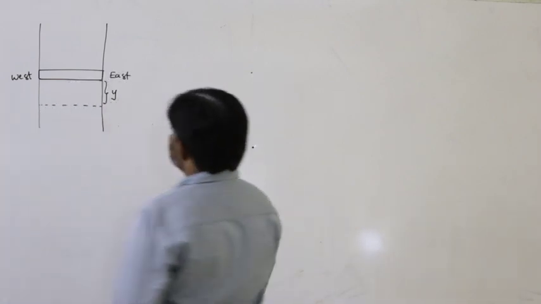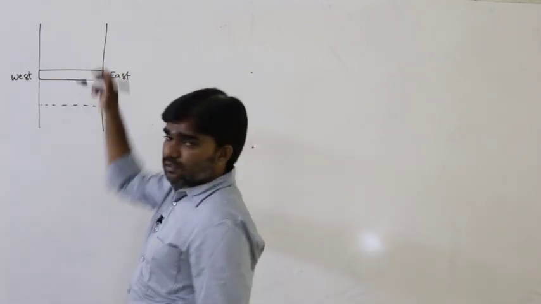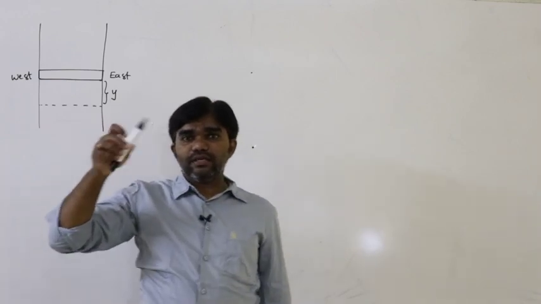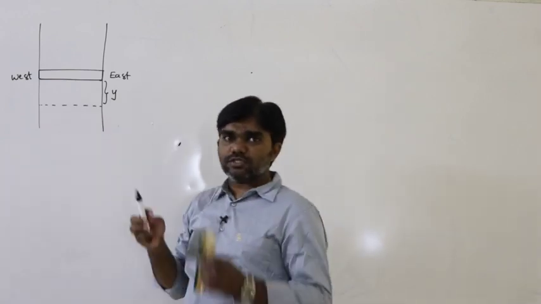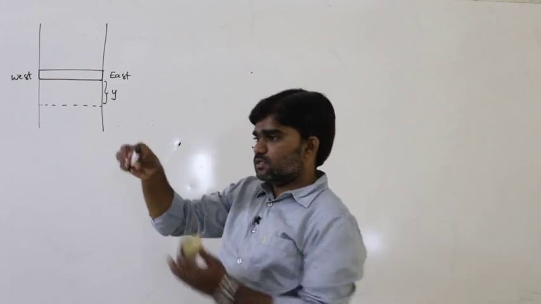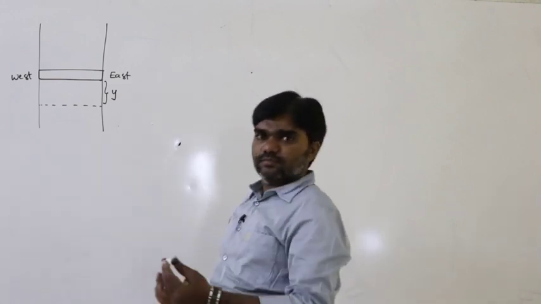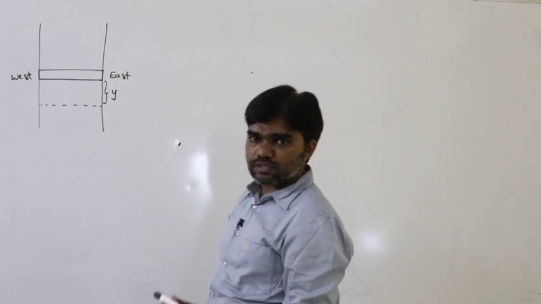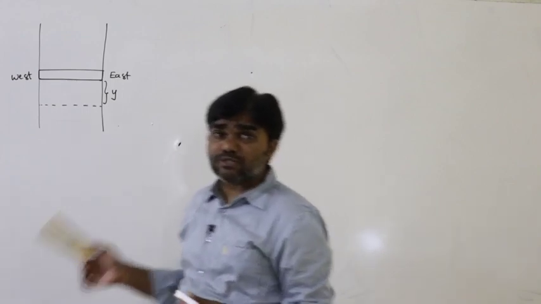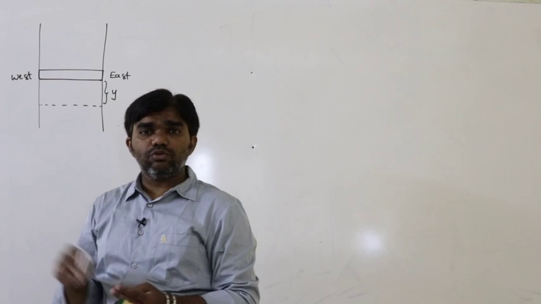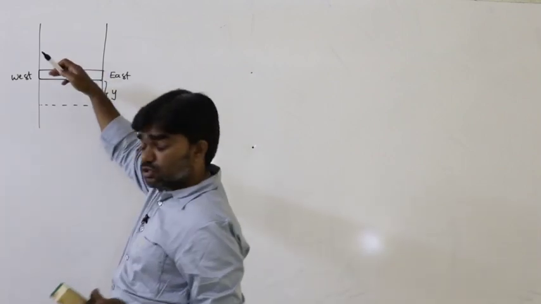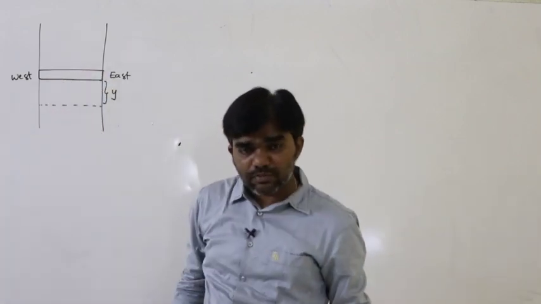If a conductor facing east-west direction moves downwards, definitely a certain amount of flux must be generated due to the motion of this conductor.